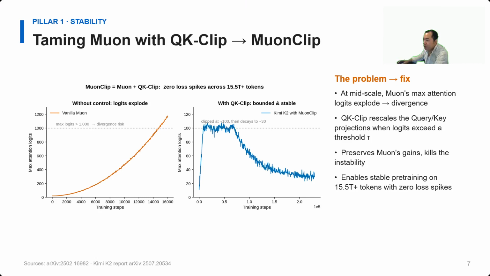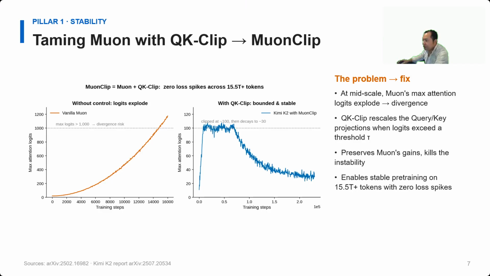And on the right plot, you can see the effect with the MuonClip: the max logit rises very fast, gets clipped at around 100, and then actually decays to about 30 as the training stabilizes.